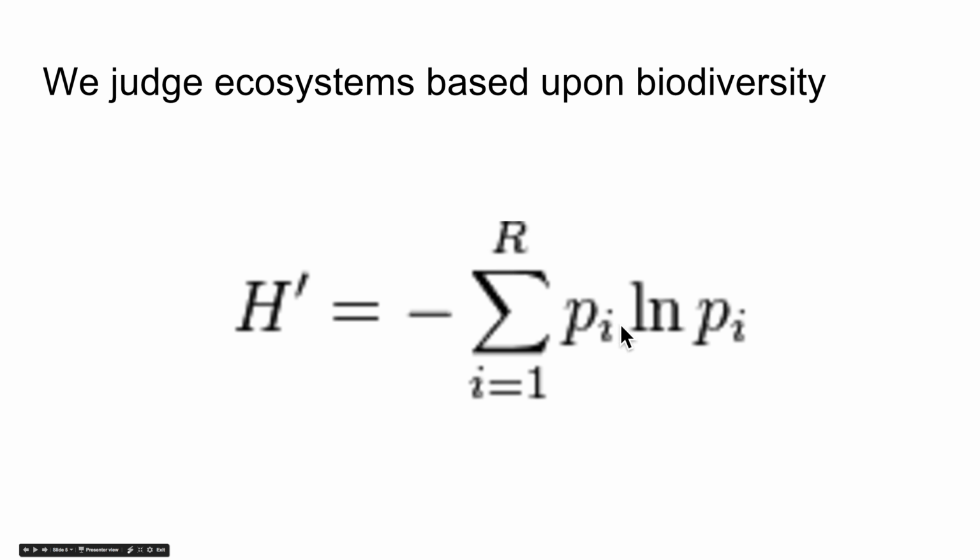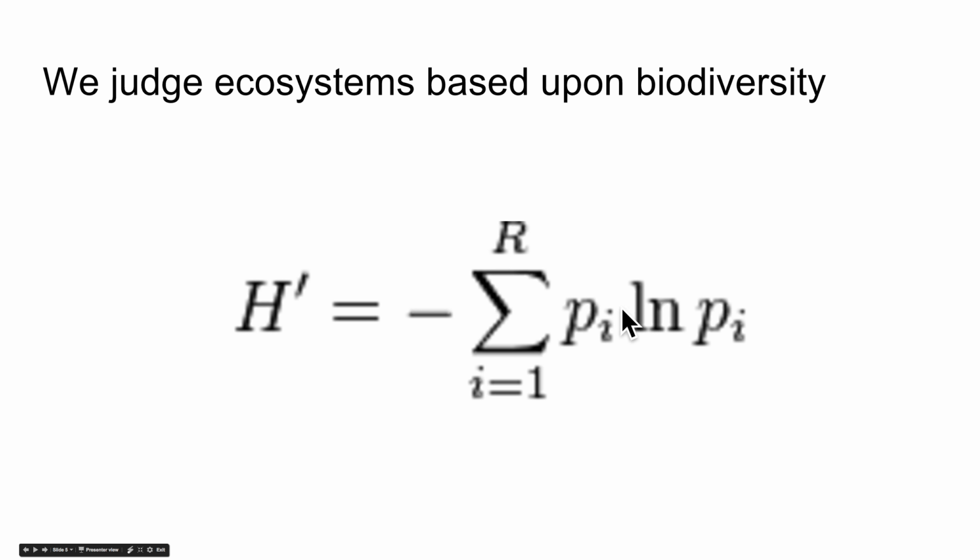p_i stands for the proportion. Meaning if you had 3 species, A, B, and C, where A had 10, B had 15, and C had 15, then for species A, it'd be 10 of the 40, and 10 of the 40 is 25%.